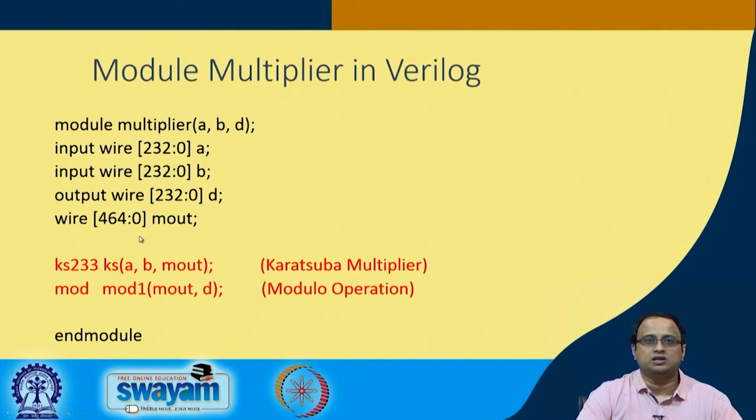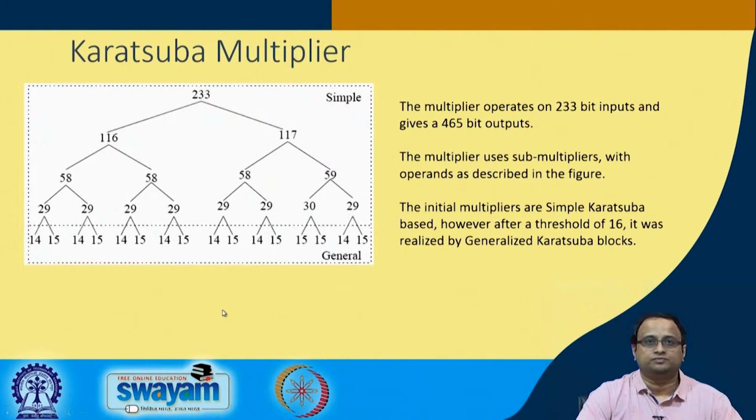So I need to do a modulo operation with a specific primitive polynomial. The result then gets back into the field, and I finally get D, which again belongs to GF(2^233). So, how do I realize all these blocks?